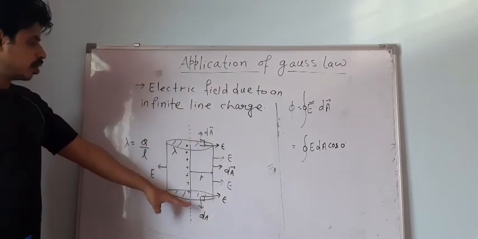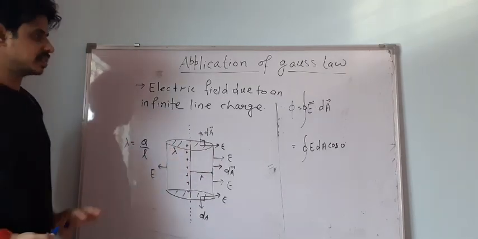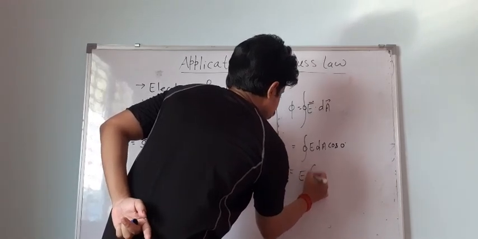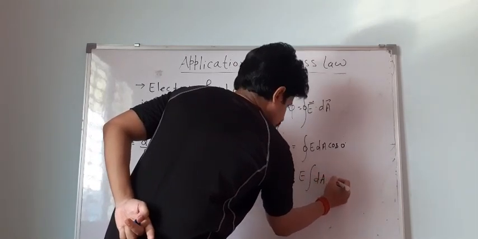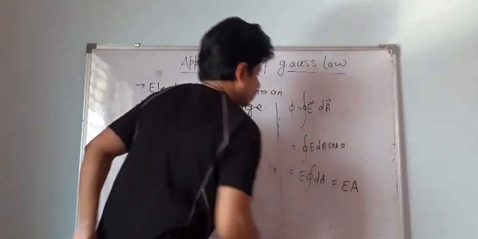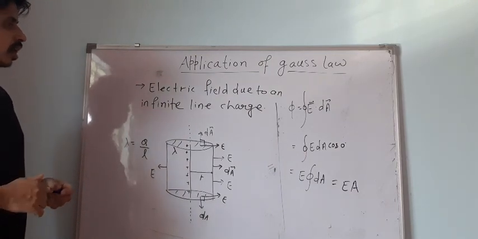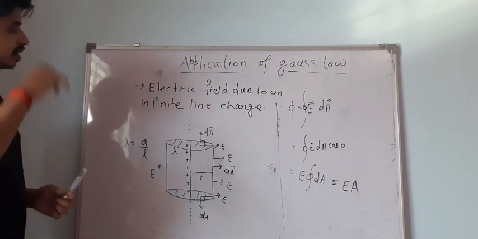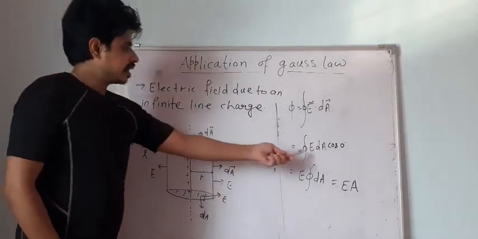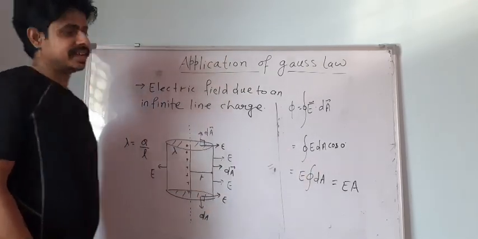From the top and bottom flat surfaces the flux is 0. So I am just calculating for the curved surface. So it is E taking outside dA, or E into A. So this is the flux. I got flux E into A, where A is the curved surface area. The electric field was constant over the curved surface, so that's why I took it outside the integration sign.